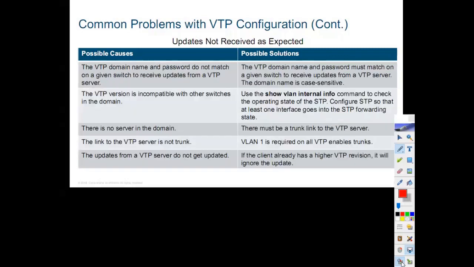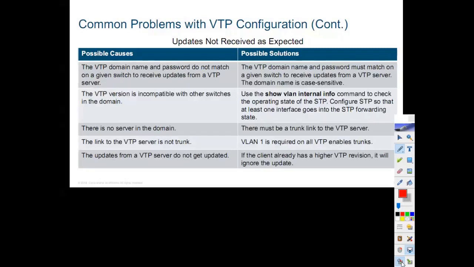Update not received as expected. This is some of the recommendations or common issues, and they are laid out here for you as well. Domain name and password do not match among those switches. That's not good, because within the VTP configuration you have to have a domain name. Optionally, you can have a password configured so that you can protect the VTP session.